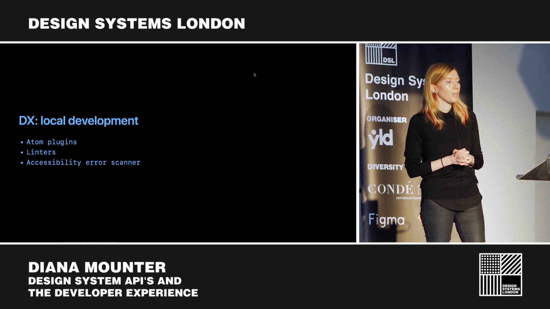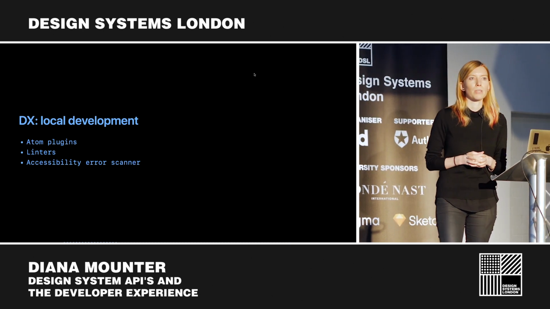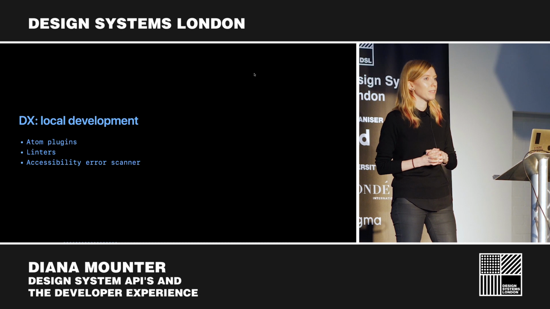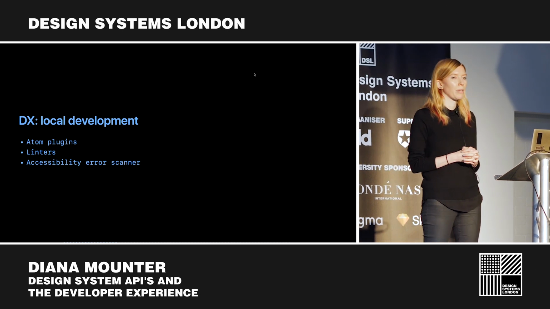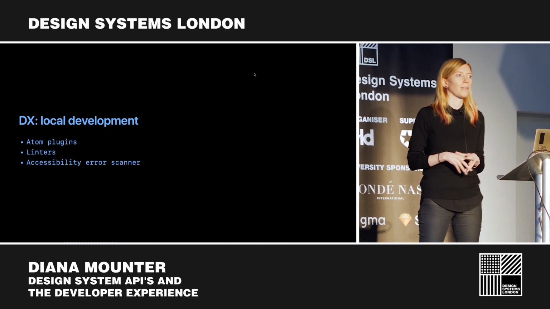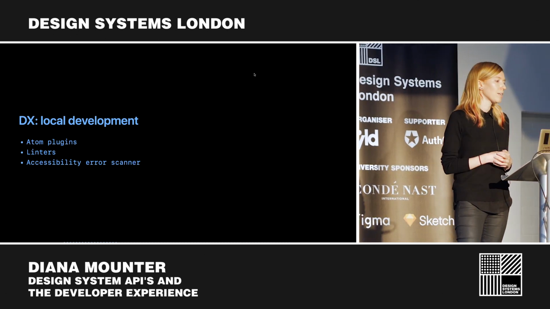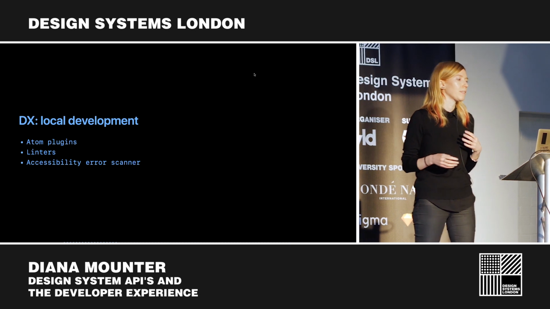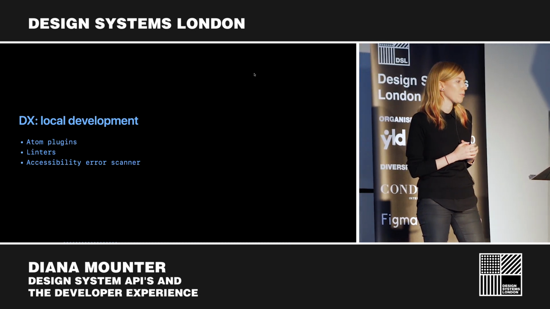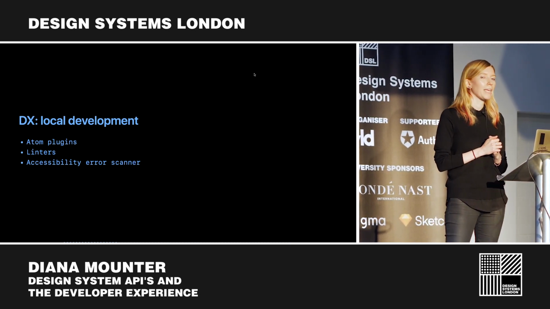For local development, we did a couple of things. There's a lot of Atom fans at GitHub, unsurprisingly. So we made some Atom plugins that did things like autocomplete the class selectors so that people had to type less. And we had, obviously, linters, which we'll talk about a bit today.